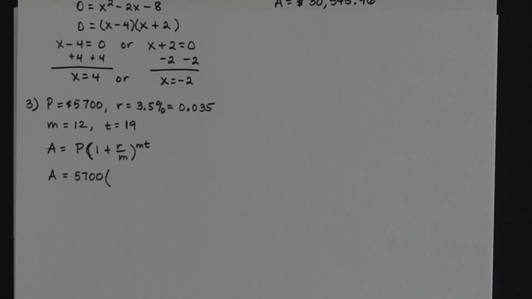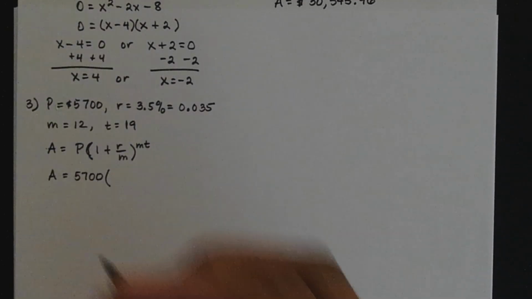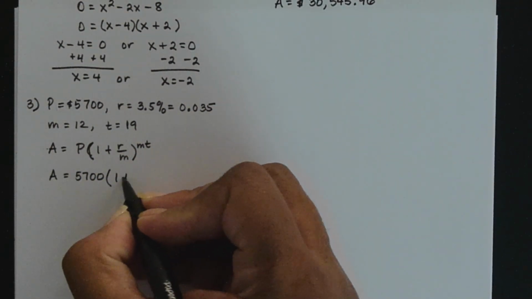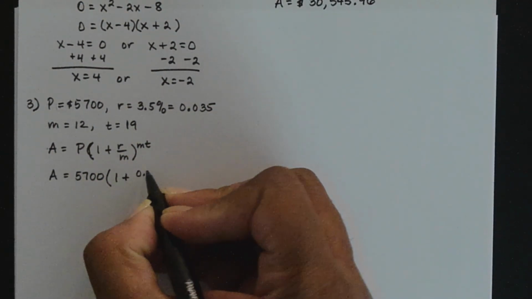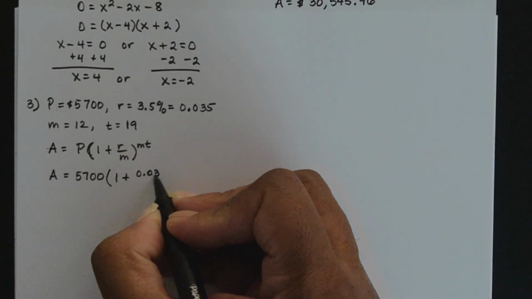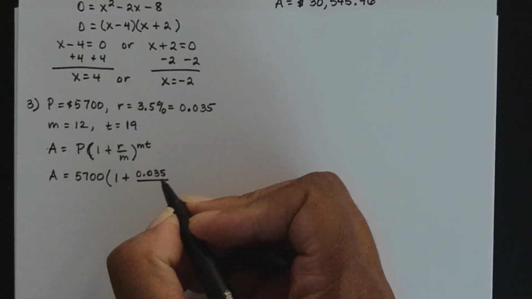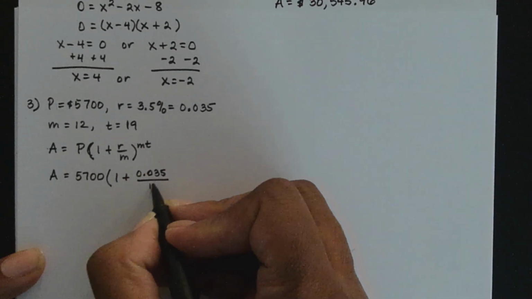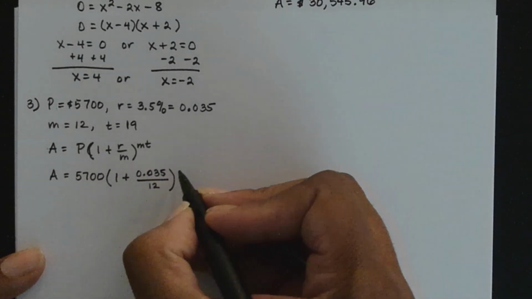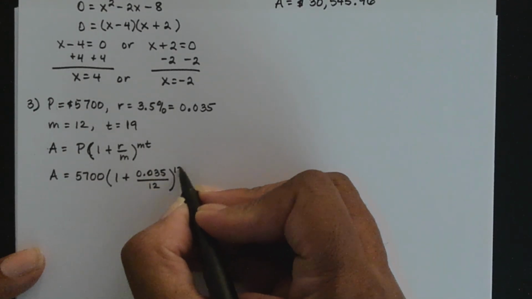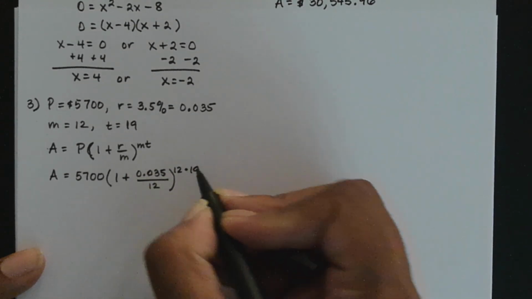The P is 5,700 times the quantity 1 plus r, that's 0.035, divided by m, that's 12, raised to the m times t. That'll be to the 12 times t, which is 19.